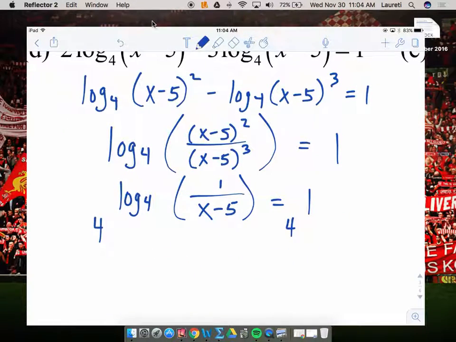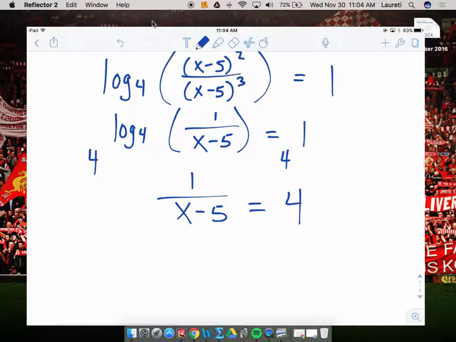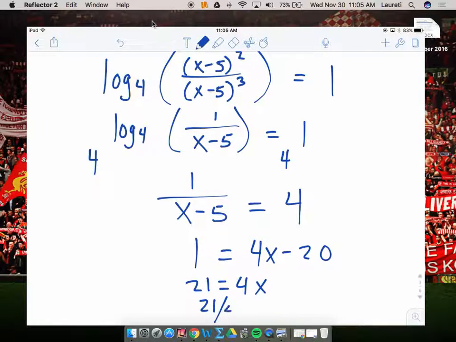Good. So that would give me 1 over x minus 5 is equal to 4, right? So what do I do next? Multiply the denominator over, right? So that would give me 4x minus 20, 21 equals 4x. x equals 21 over 4.